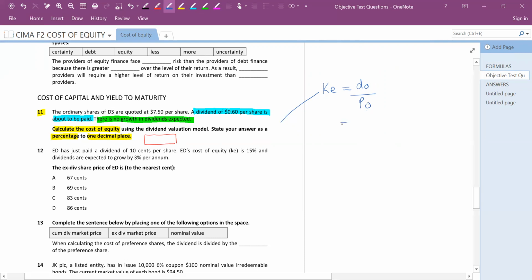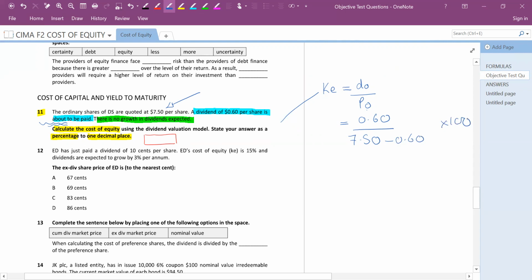Now, in this scenario, the current dividend divided by the ex-div price. Now we've got 750 as the share price, but the dividend is about to be paid. So it hasn't been paid yet. So that is not an ex-div share price. So you have to subtract the 60 from that and then express the whole thing as a percentage.